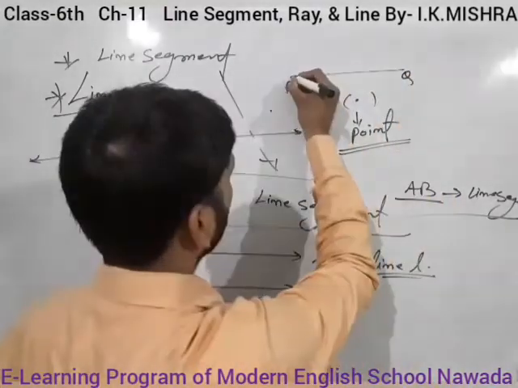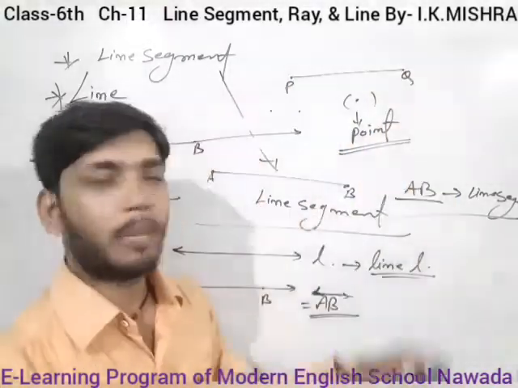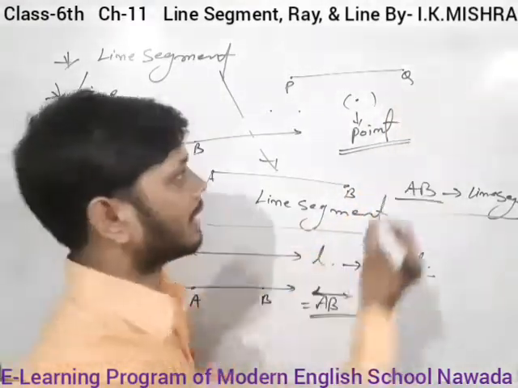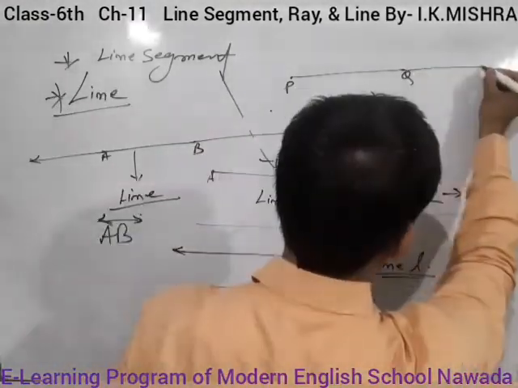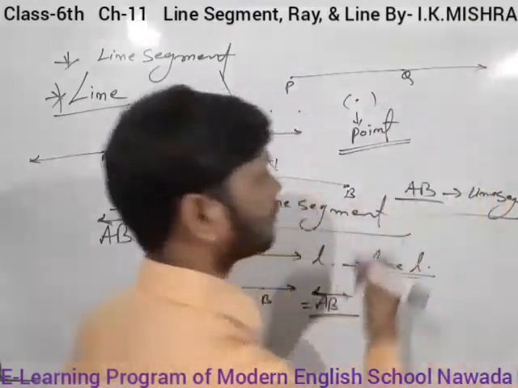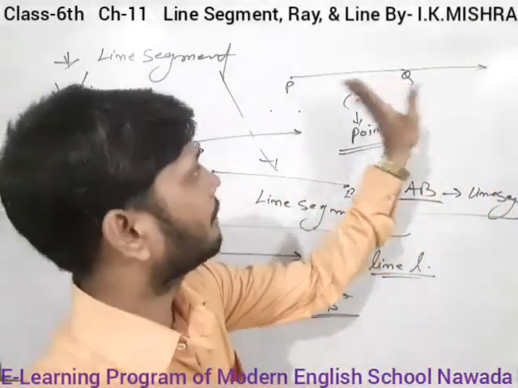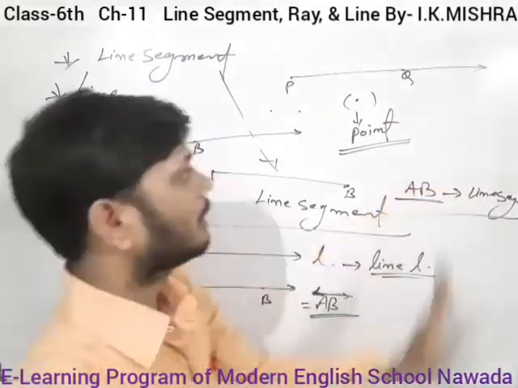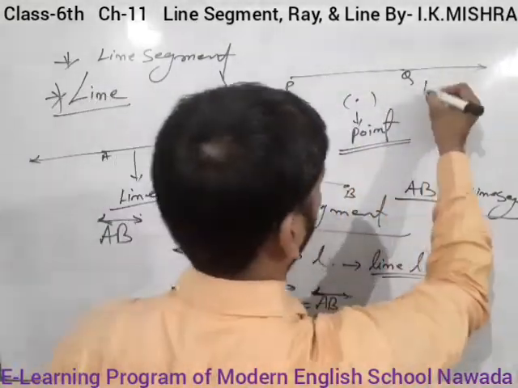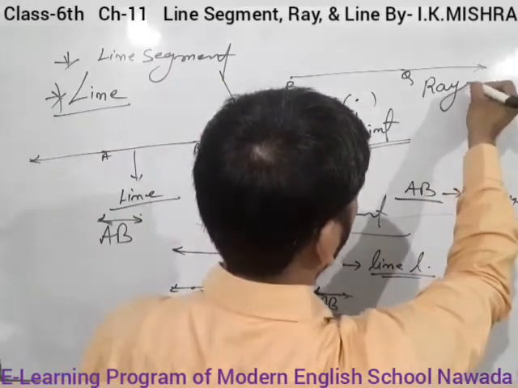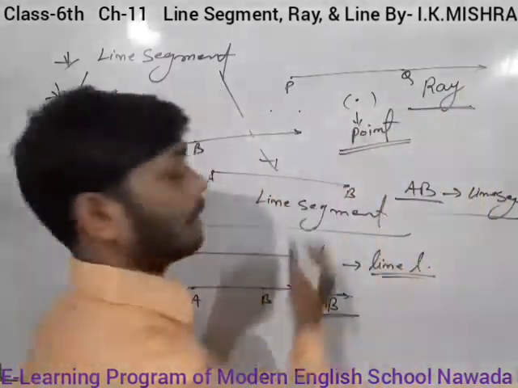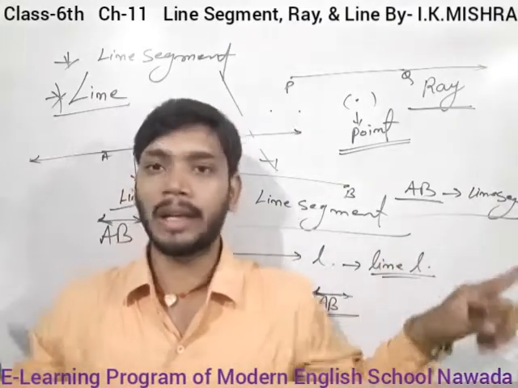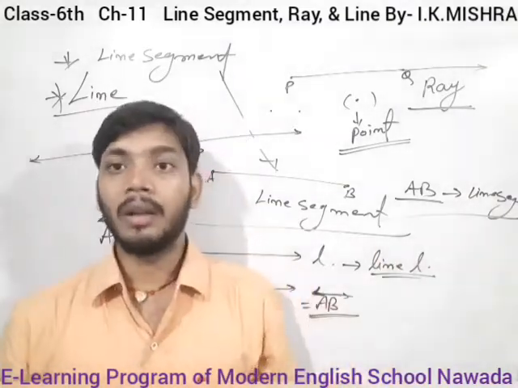Here PQ is a line segment, but PQ is extended at any one side. It extended in this side. Extended means put an arrow. When PQ is extended endlessly in one direction, then it will be a ray. But when a line segment is extended endlessly in both directions, that is known as a line.